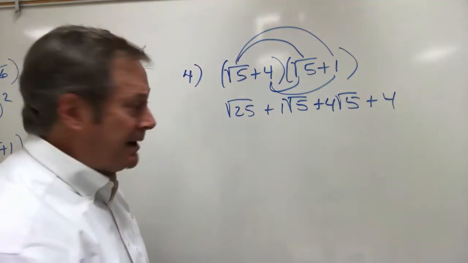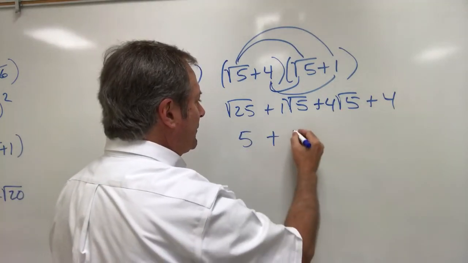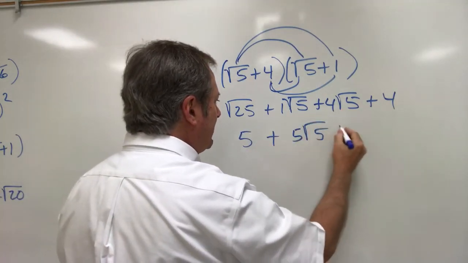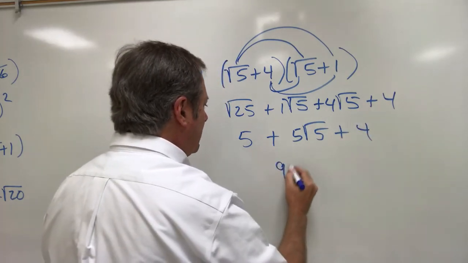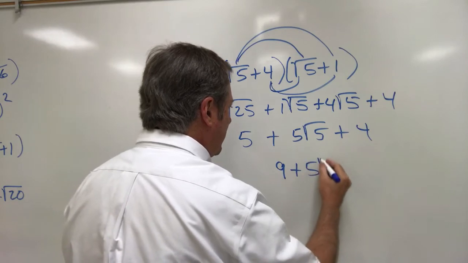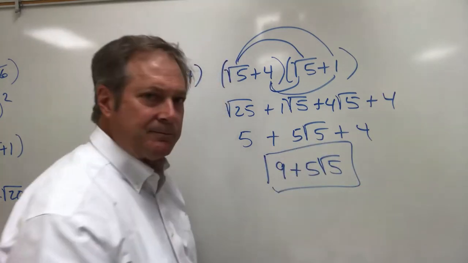Well, square root of 25 is 5, and let's combine these. 1 square root of 5 plus 4 square roots of 5 is 5 square roots of 5, plus that number 4, so 5 plus 4 would be 9 plus 5 square roots of 5.